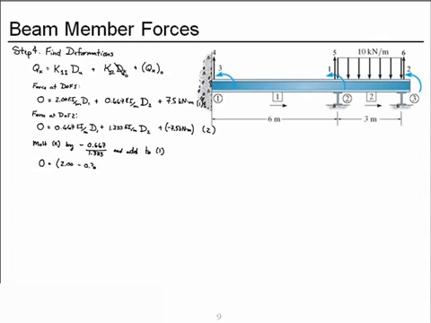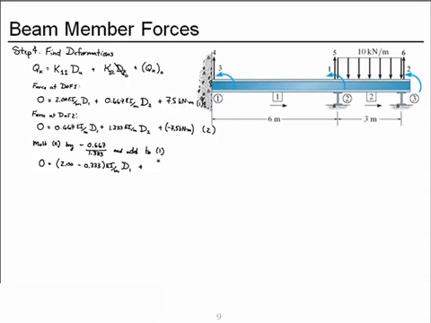I get a 0.333 EI per meter times the deformation at degree of freedom 1. These add up to 0.